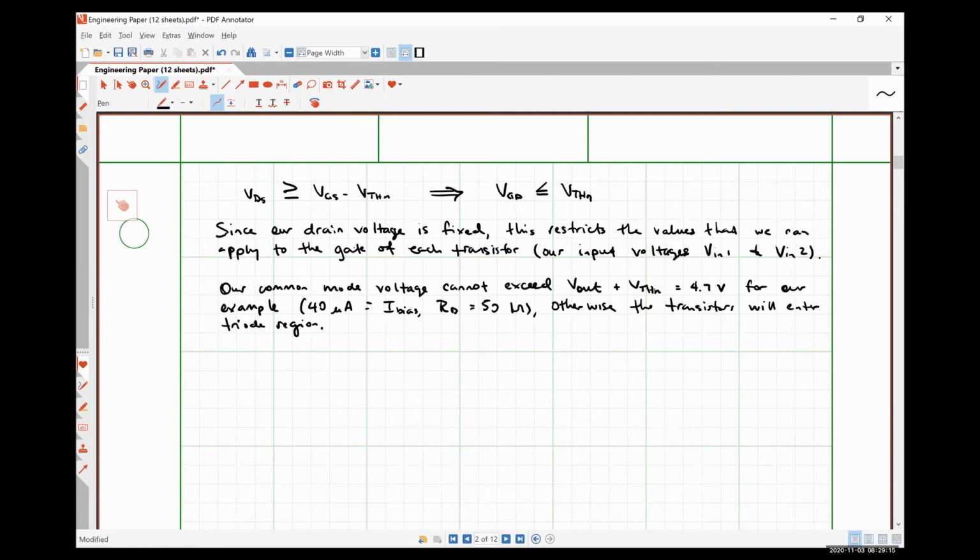Okay, so one of the biggest benefits of a differential pair amplifier is that it suppresses common mode signals. This is called the common mode rejection.